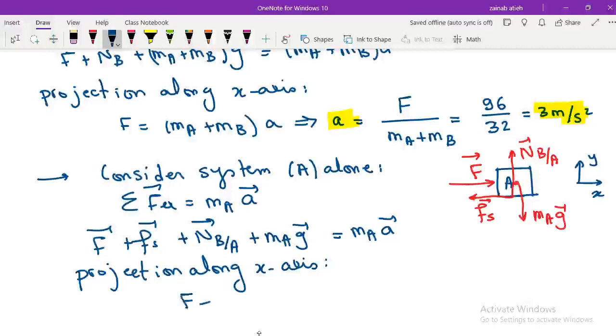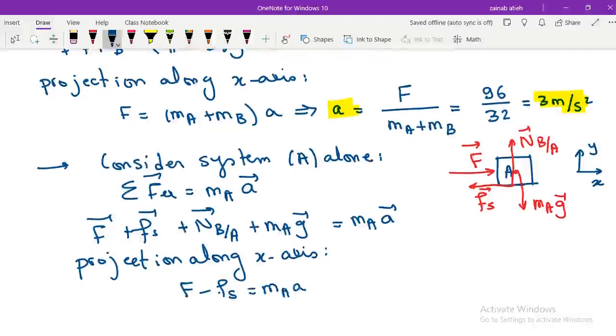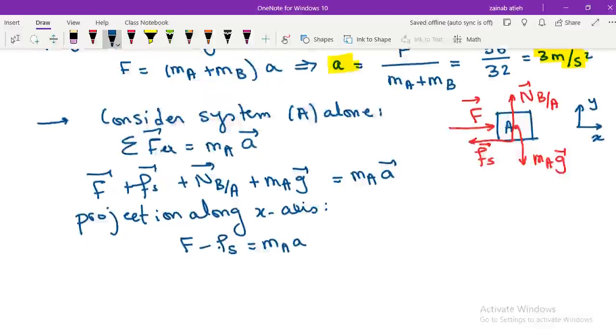So it's minus Fs. Everything on the x-axis is equal to MA times A. Don't forget the index of the mass. Now this acceleration is the same one I found above, because the acceleration of the system A and B together is the same as the acceleration of A, and the same as the acceleration of B. So A, I have it up.